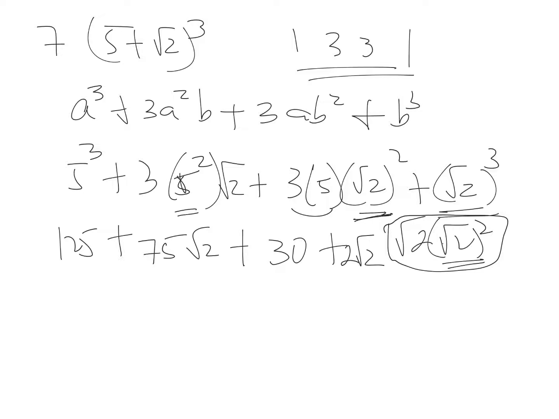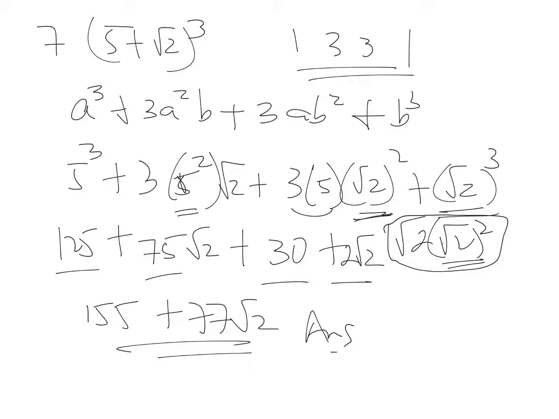And so, if we simplify now, this could be added with this value, and this could be added with this value, which gives us 155 plus 77 root 2. And that's the answer. So that was a simple one. Okay? So there you have it. Pause the video and then try it on your own. Great. So let me now take this and save it.